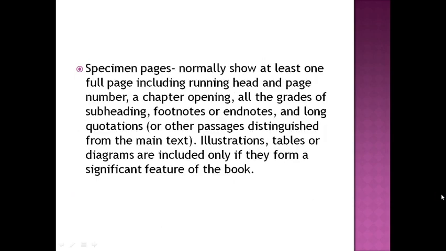The specimen will normally show at least one full page, which includes running heads, page number, a chapter opening, all the grades of subheading, footnotes or endnotes, and long quotations or other passages distinguished from the main text.